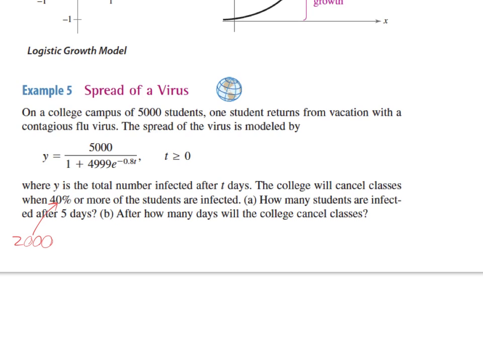So we know that our limit is 2,000 kids, right? Plug in 2,000 for y. Yes, that's a little more efficient. All right, 2,000 plugged in for y equals 5,000 over 1 plus 49.99 e to the negative 0.8 t.